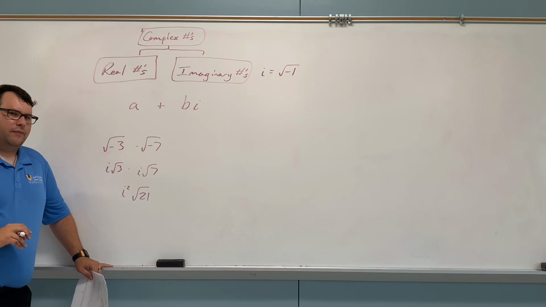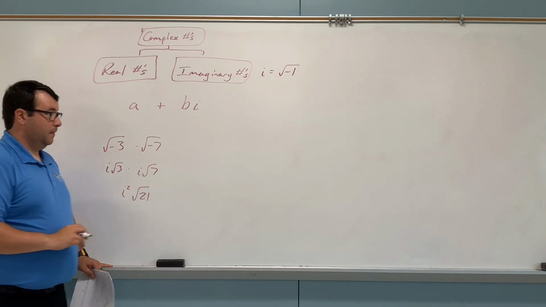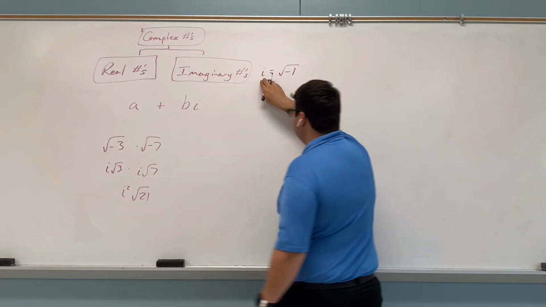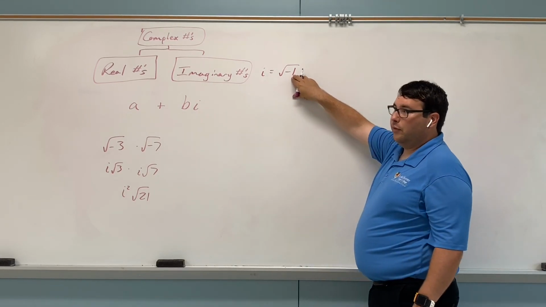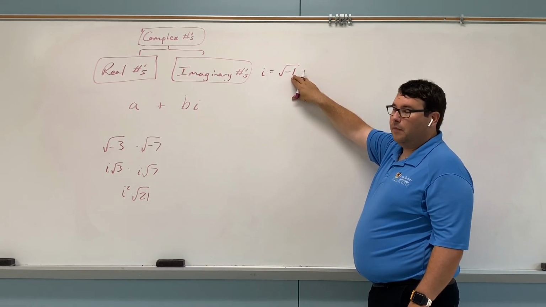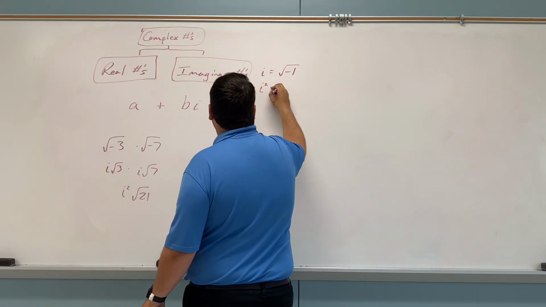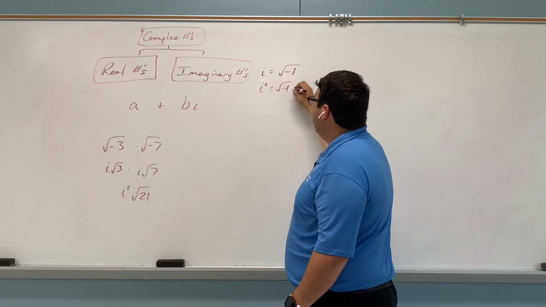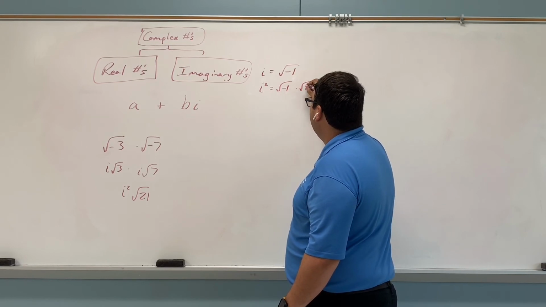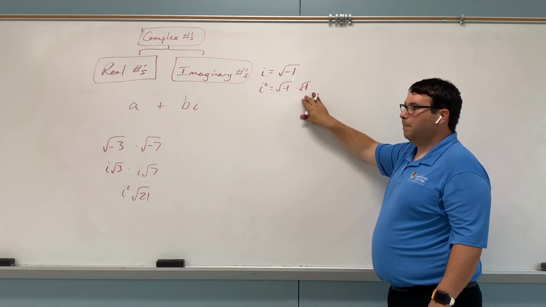Now, here's the funny thing about i. i by itself is a square root of negative 1. It's imaginary. But if I were to square i, that's like a negative 1 times a negative 1, like so.